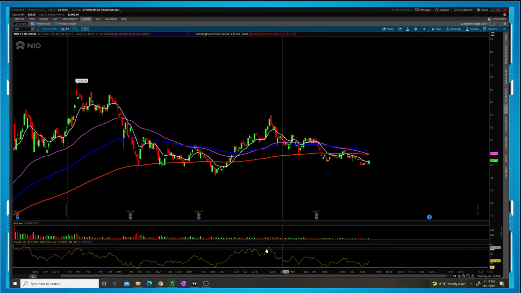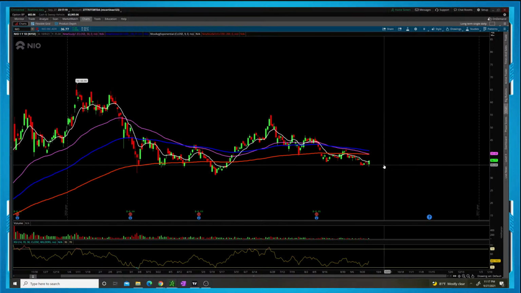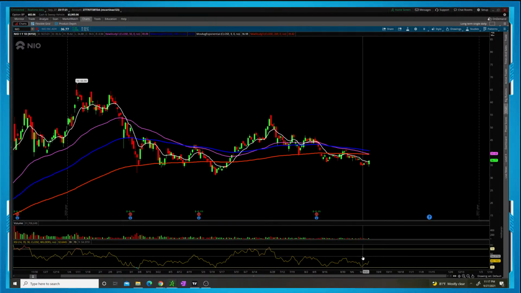Some of the indicators I like to use are the RSI. It's a very helpful indicator for determining whether you're overbought or oversold. Underneath 50 is kind of the middle point. If you're under 50, it would be more on the bearish side. If you're over 50, it'd be more on the bullish side. You can see right here on this peak where it's red, it was above 70, so that would be considered overbought.